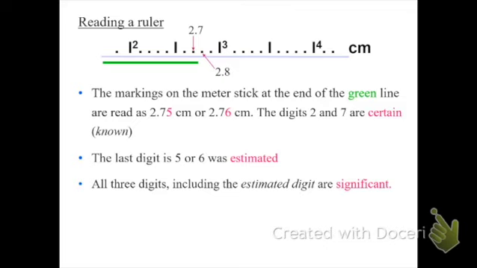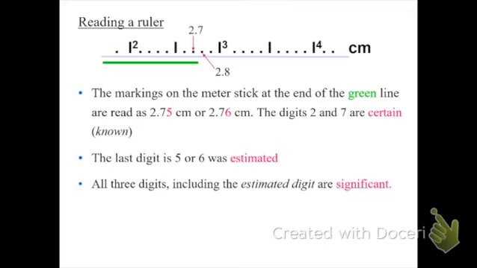We know we have 2.7, right? That's what you always start by writing, because you know you have that number. After you write the number you know, then you have to estimate another digit. That's the estimated digit.